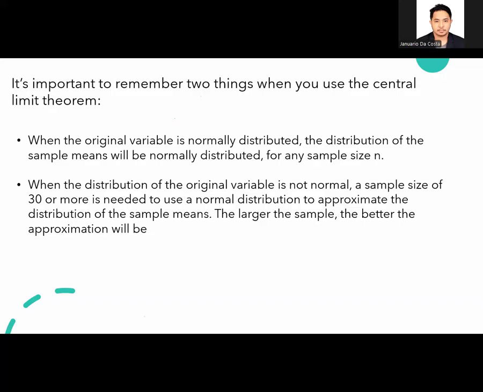Second bullet point: when the distribution of the original variable is not normal, a sample size of 30 or more is needed to use a normal distribution to approximate the distribution of the sample means. The larger the sample, the better the approximation will be.